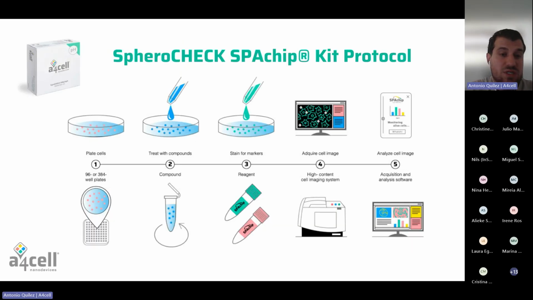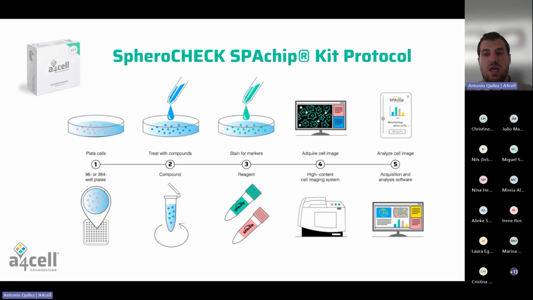The protocol is quite easy. We can just plate our cells. We can treat with our compounds. We can add our SpheroCHECKs, allow the incubation so they can penetrate inside our cells, and then start acquiring images at different time points.